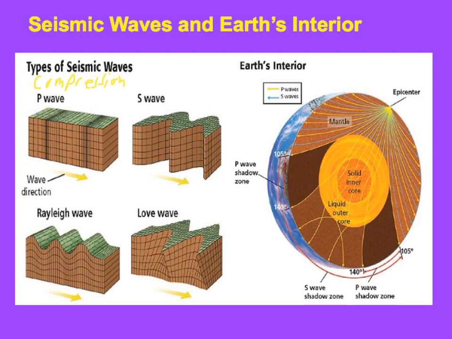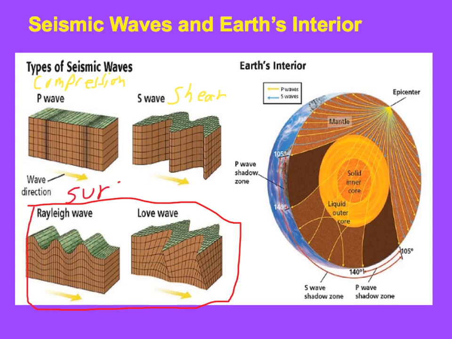S waves move perpendicular and are a shearing force. So here, the ground moves side to side. And then the two surface waves outlined here in red.